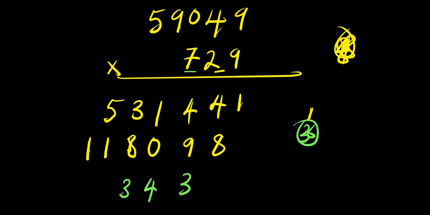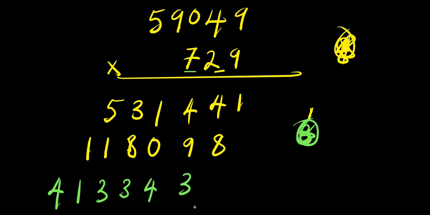That is 3 carry over 6. 7 times 5, that is 35. 35 plus 6, that is 41.